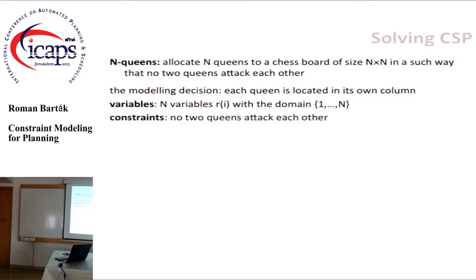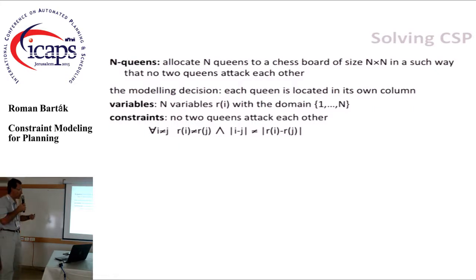What will be the constraints? Well, no two queens should attack each other. So we can express these constraints using formulas. If I take two different queens, i and j, then the rows assigned to these queens should be different. And if I take two queens, then the second constraint describes that these two queens are not on the same diagonal.